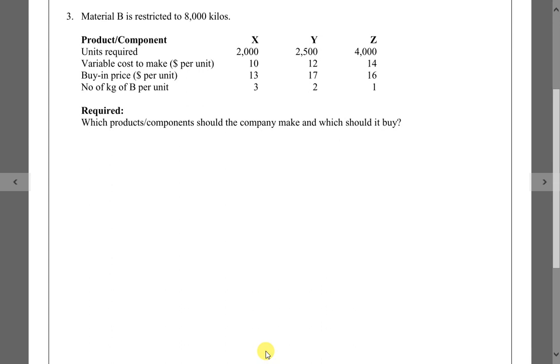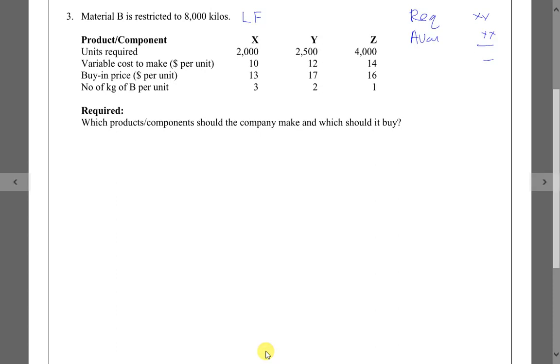So material B restricted to 8,000, implying to us that this is our limiting factor. Okay, in our previous chapter, when we have a limiting factor, we calculate the required to determine the limiting factor. Required how many hours, and then available how many hours. Then we get shortage or surplus. That will be our limiting factor if it's a shortage.